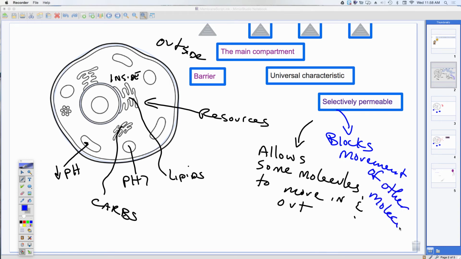And we'll talk more about how it's regulating things in another lecture. Today we're just trying to understand a little bit about the membrane in general.